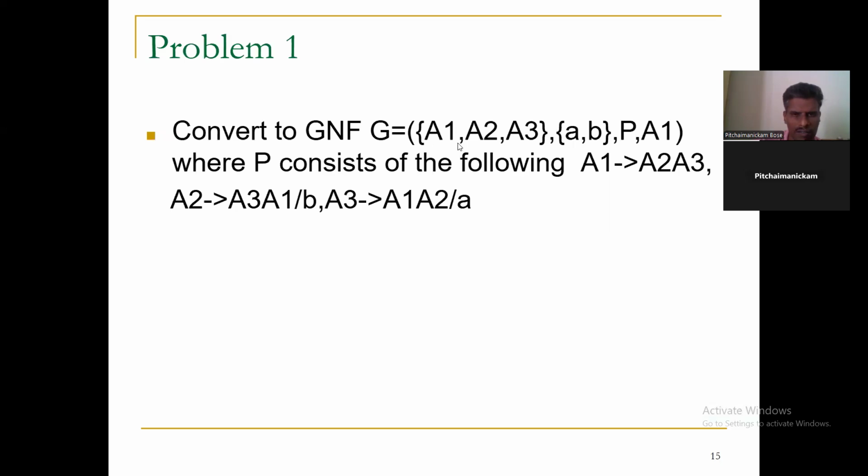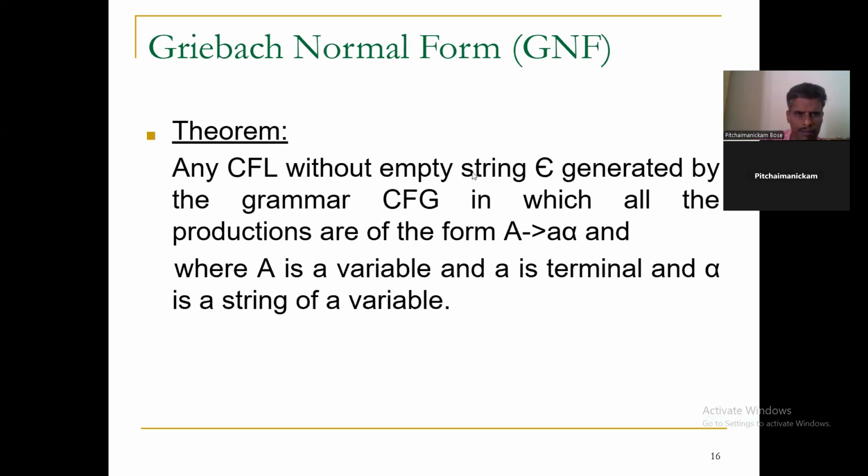Convert the following to GNF: G is equal to ({A1, A2, A3}, {a, b}, P, A1) where the production consists of the following: A1 tends to A2 A3, A2 tends to A3 A1 or b, and A3 tends to A1 A2 or a. So this is the given problem statement.